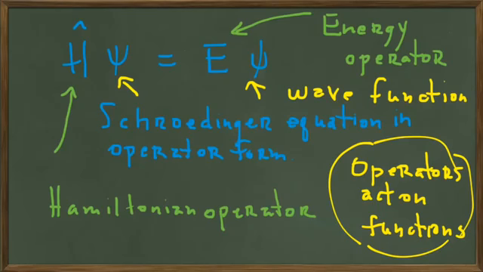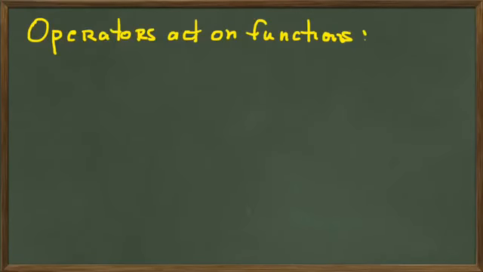Let's take a closer look at operators, though, by looking at some operators with which you already are familiar. So we have that operators act on functions, and we looked at the Schrodinger equation, which had the Hamiltonian operator and the energy operator.